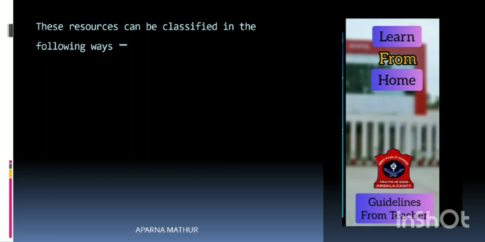That means who owns the resources and is responsible for its upkeep and maintenance. Then the resources can also be classified on the basis of how much they are developed, whether they are fully developed and are in use, or they can be developed in some future date.